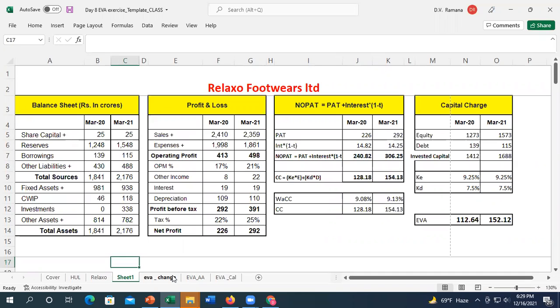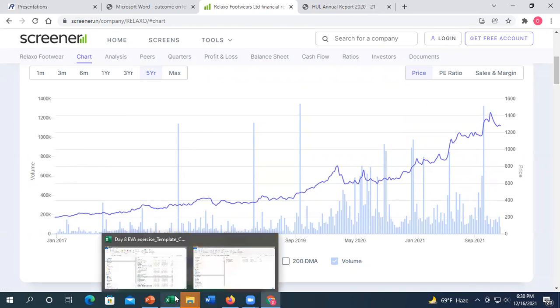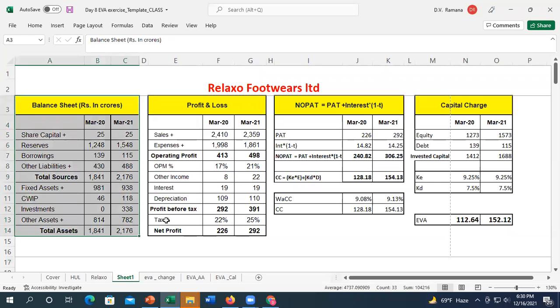Because it is not there in the annual report, we made an effort to calculate it. We picked up this data, and the source of all this data that I have shown here is the screener. To make the calculations, let me just explain for the last 2 years.